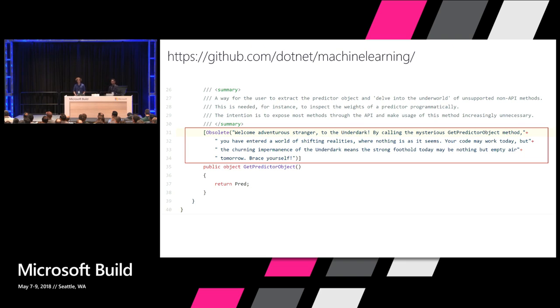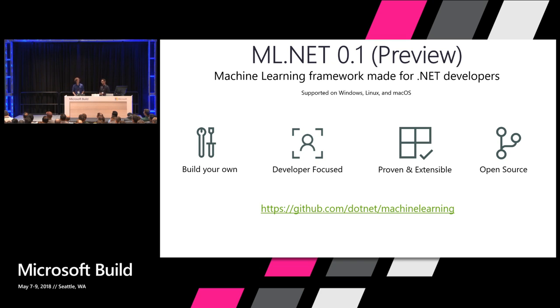ML.NET was really meant for internal Microsoft usage. It was never meant for external usage, so you're going to find a lot of things like that in the code that you can see. This is the first time we're using it externally. So we've taken the internal machine learning library and we're trying to build a high-level API on top of it that's developer-friendly so that developers can actually use it.